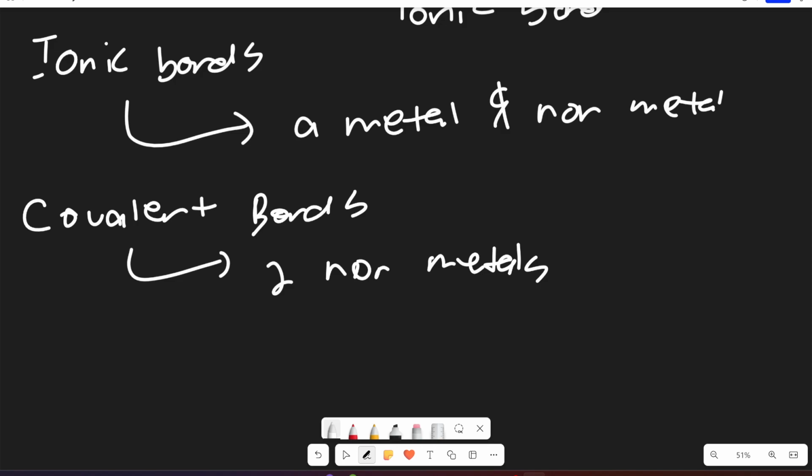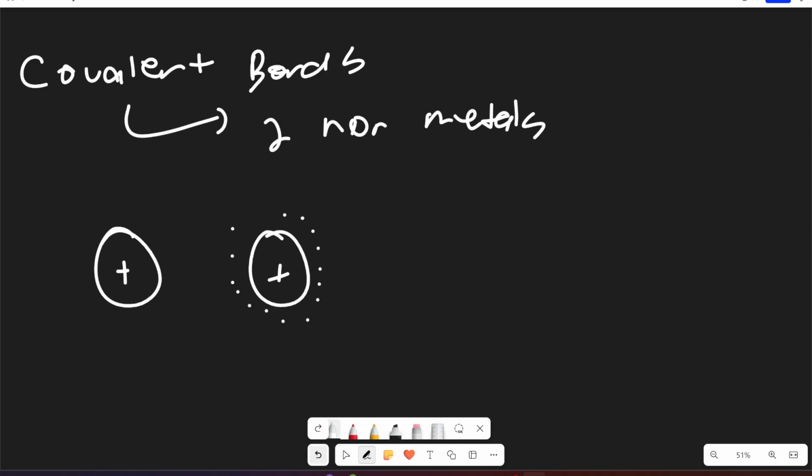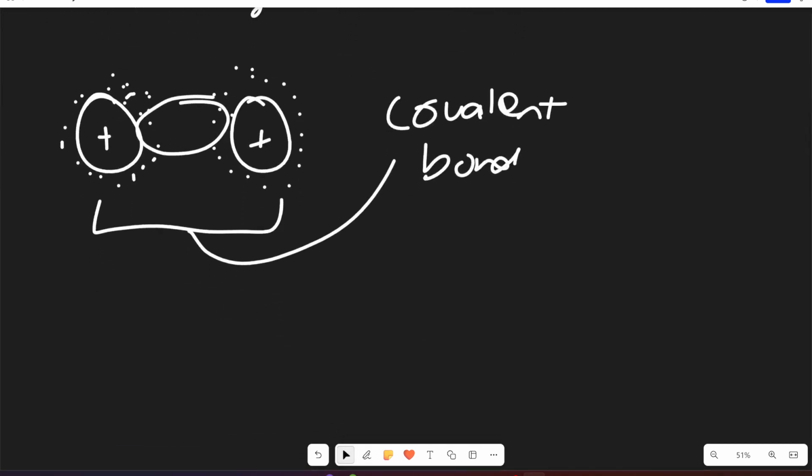Essentially, how covalent bonding works is that let's say we have one atom over here and another atom over here, and then let's just draw an electron cloud here, the electron cloud here. Essentially, there's like a mutual sharing of electrons between these two atoms, and this is what creates a covalent bond. So this is essentially the sharing of electrons here.